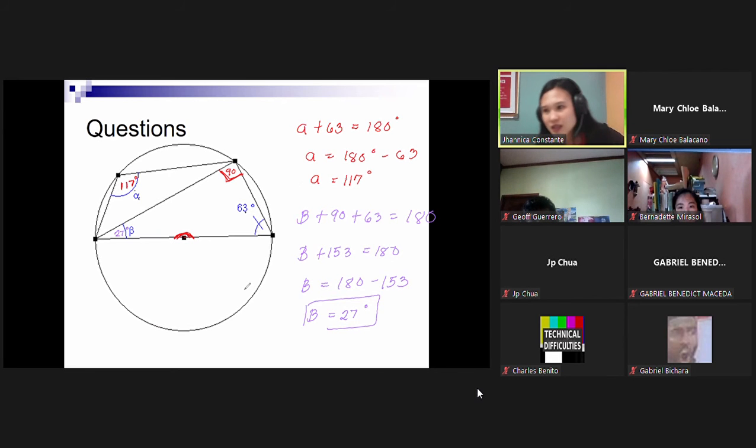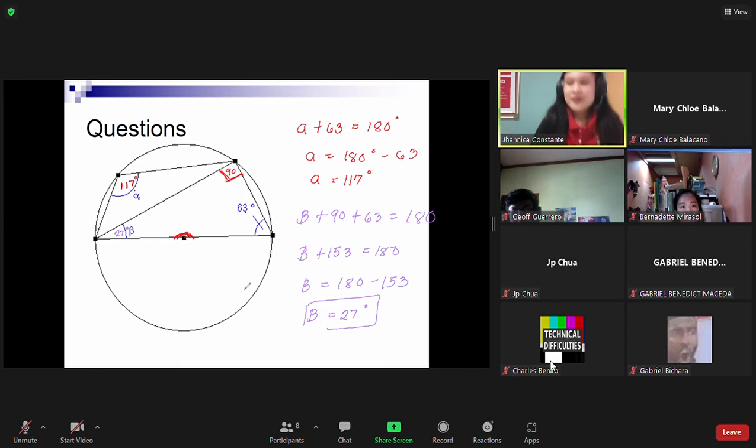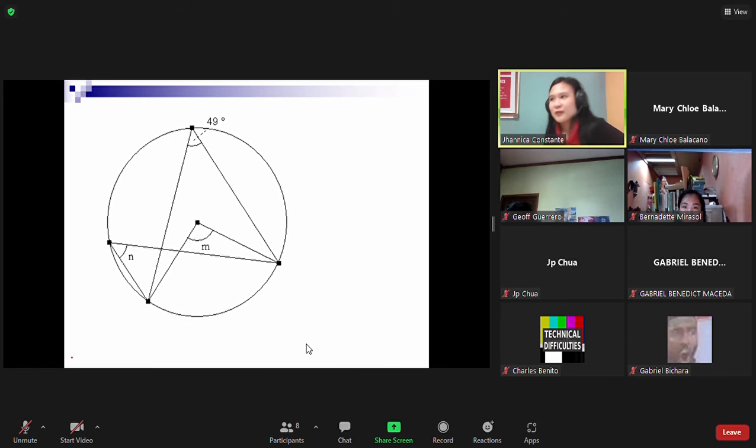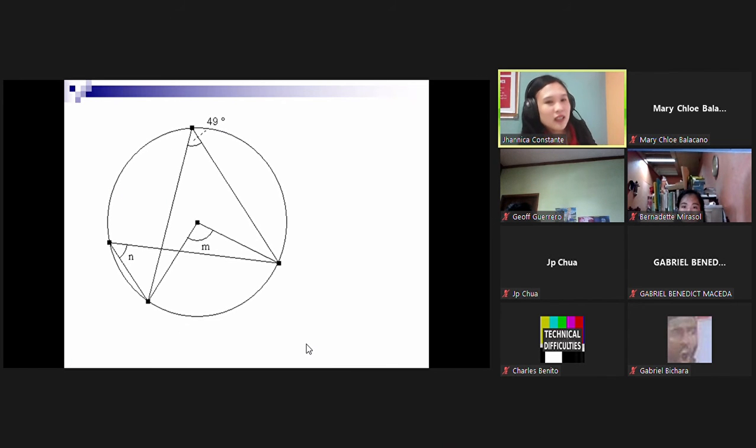Okay, now with this example, I'm going to clear the screen. For example, we have the circle. One of the angles has a measurement of 49 degrees. We have angle M and angle N. If we're going to find the measurement of angle M, what properties are we going to use?